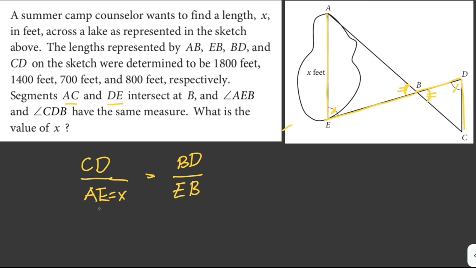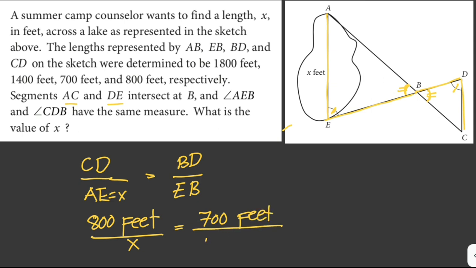So CD here is equivalent to 800 feet over x, and then BD is 700 feet, and EB is 1,400 feet.